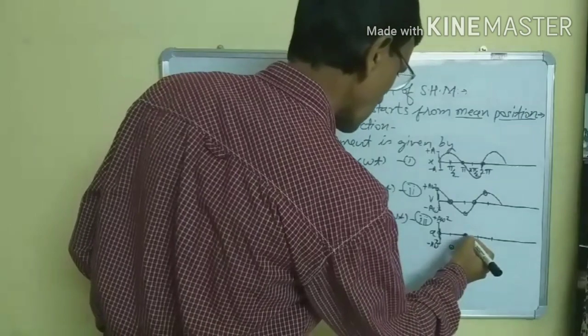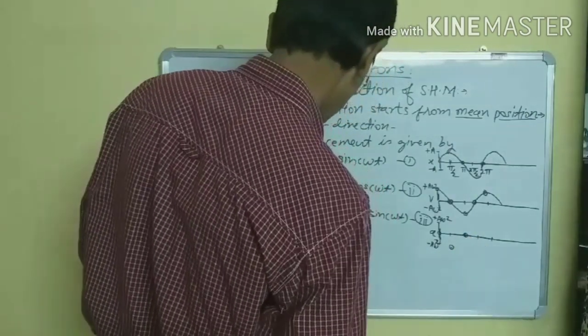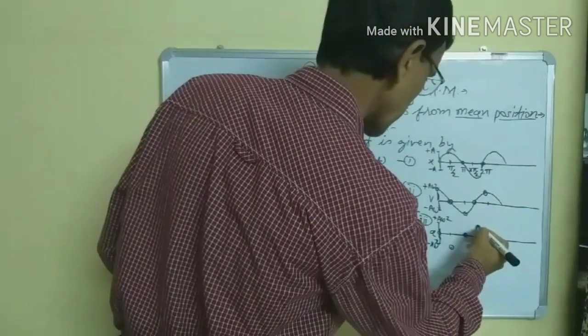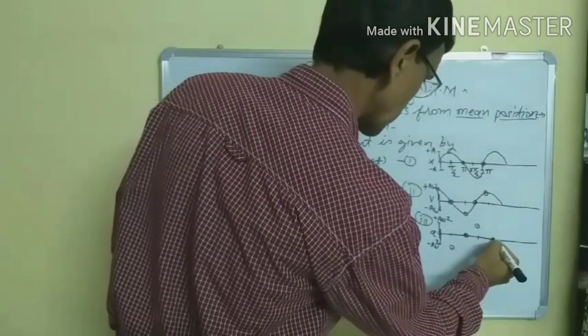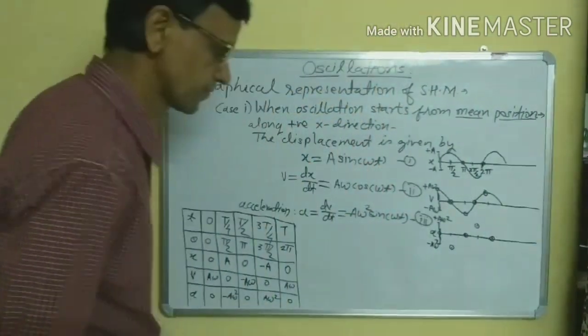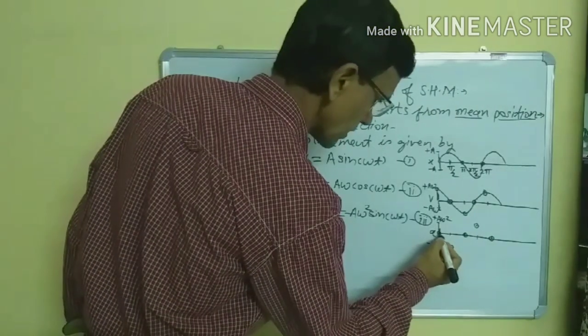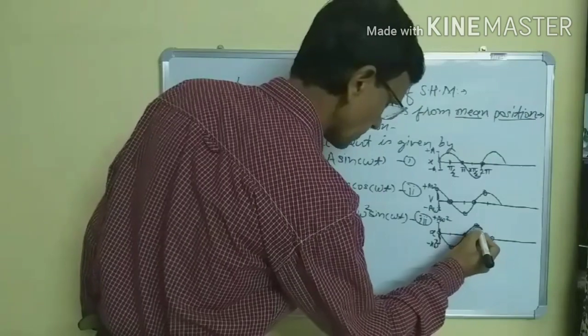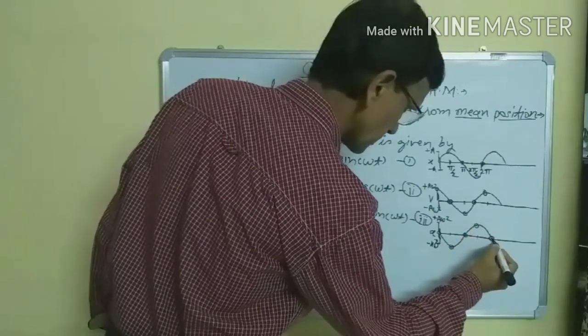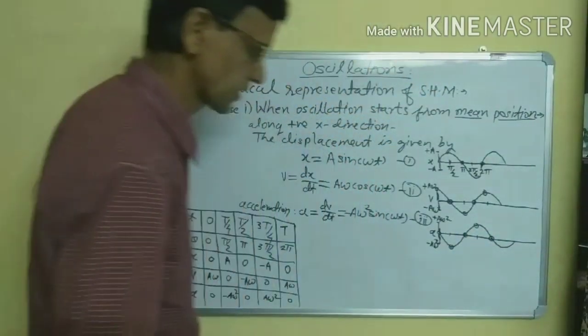Then 0, and the point comes out to be here. Then plus A omega square, the maximum positive value here, and again 0. We draw the curve through these points. The nature of the graph is like this, and it can be continued further.